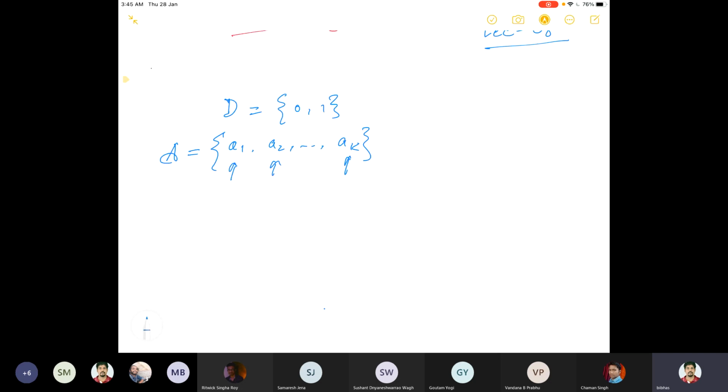One is fixed length coding, or fixed length code words for each Ai. Or it could be variable length code words.